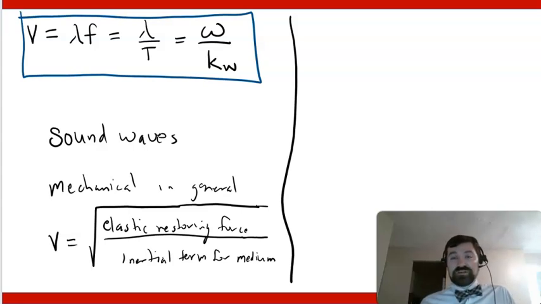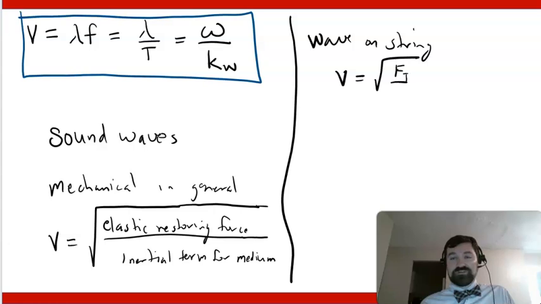So, wave on a string, as a reminder. What we had was v is equal to the square root of the tension force divided by the mass per unit length. So your elastic force is basically the force of tension within the string. This also works for a wire, by the way, a plucked wire, like a lot of guitar strings.